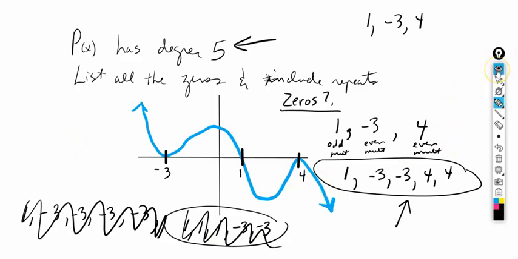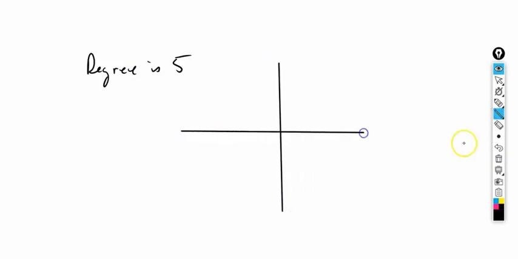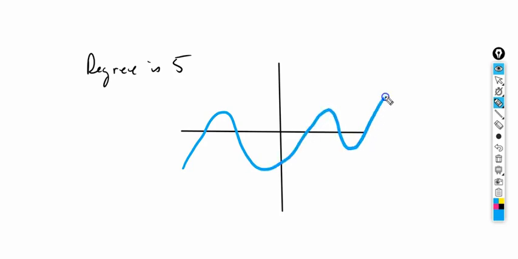But if all of them cross through, so if the degree is 5, and you've got this sort of situation, and so we've got -4, -3, 2, 4, 5.